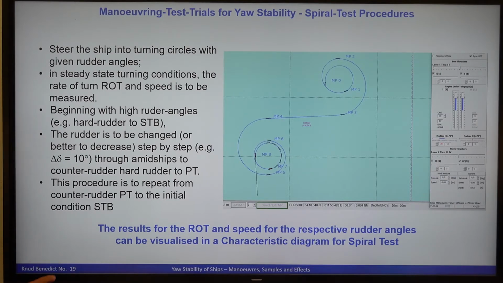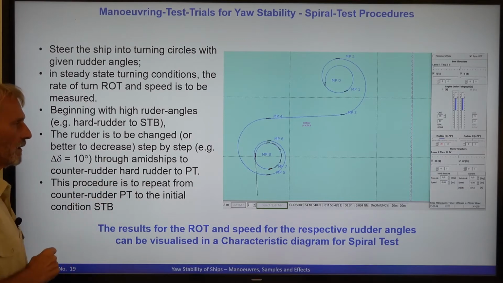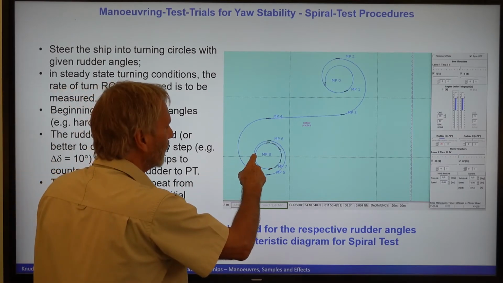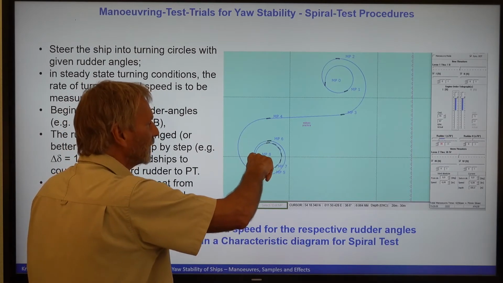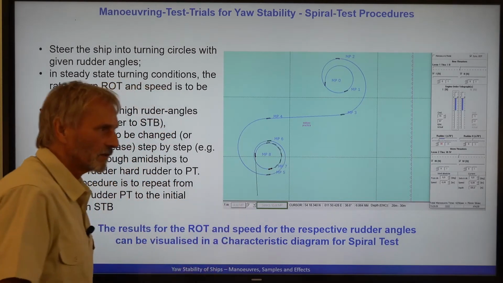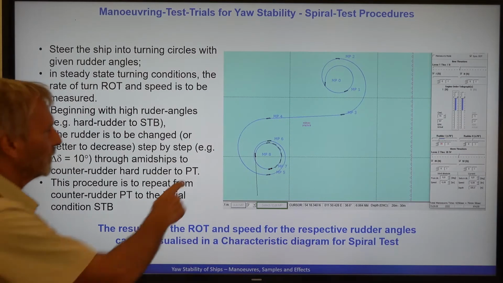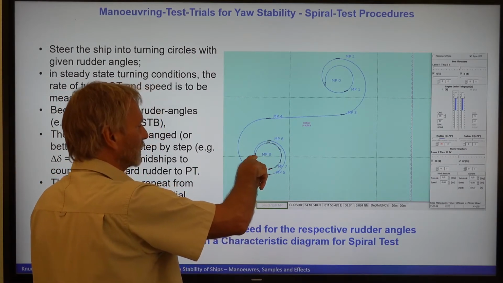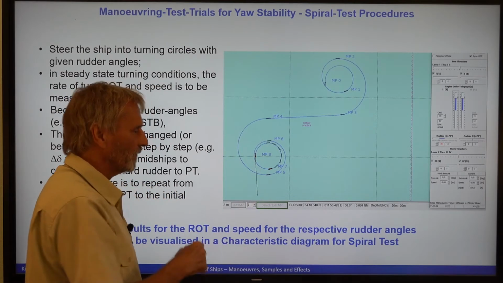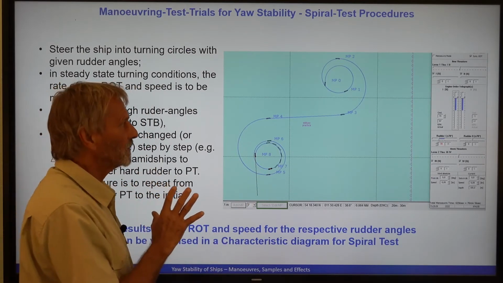It's very important to repeat the maneuver from here. So if you are in a port turning motion, then again you start the maneuver from this side, going with port 35, 25 and so forth. So you have to repeat the maneuver.